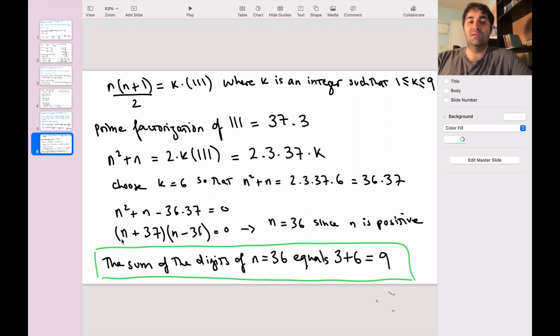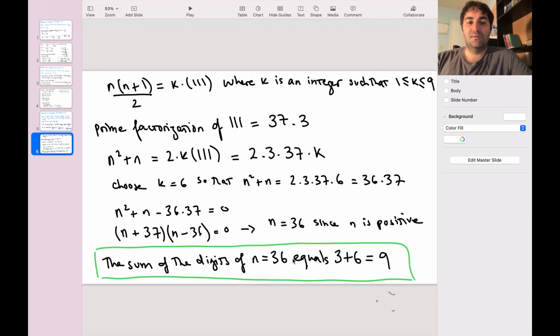And then I can factor this as n plus 37 times n minus 36 is equal to 0, right? Because you'll have n squared minus 36n plus 37n, so that simplifies to plus 1n, and then minus 36 times 37 equals 0. So we take n equals 36 since n is positive. So the sum of the digits of n equals 36 is 3 plus 6, which is equal to 9.